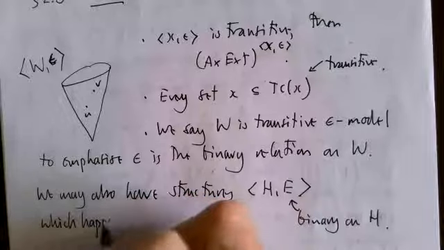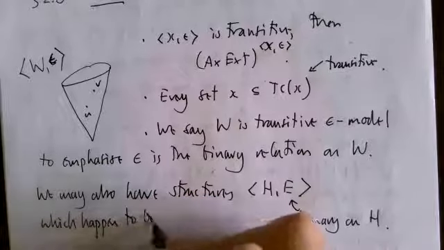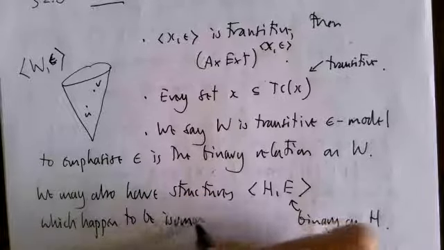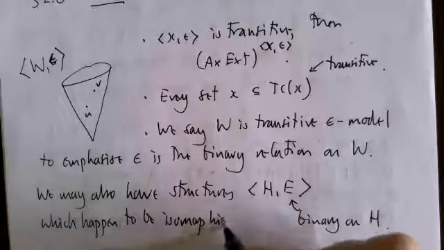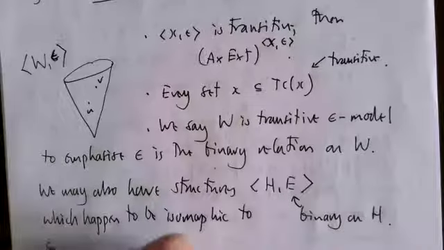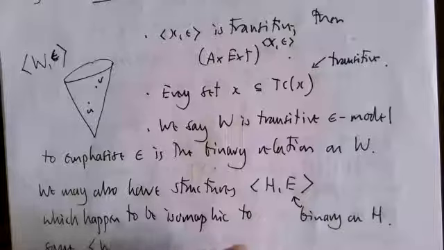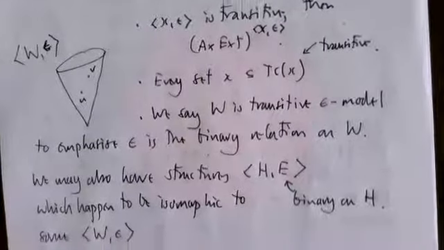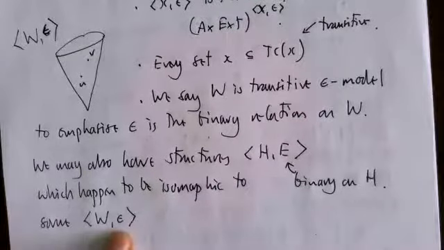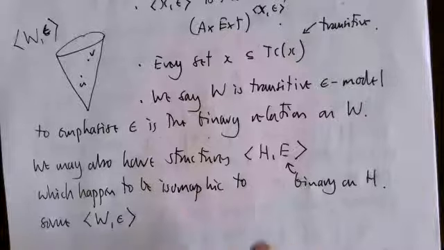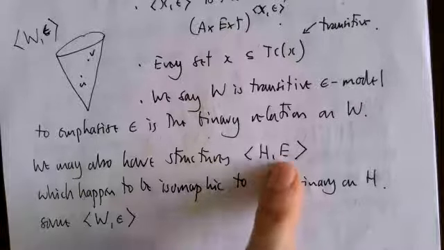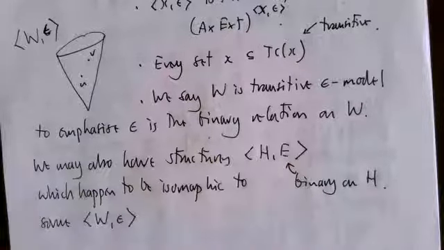So they might happen to be isomorphic to some W epsilon, where now the binary relation symbol is interpreted as the true epsilon. Here, the binary relation symbol in the language is interpreted as E, whatever that might be.